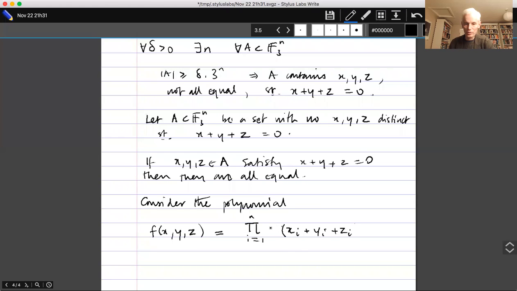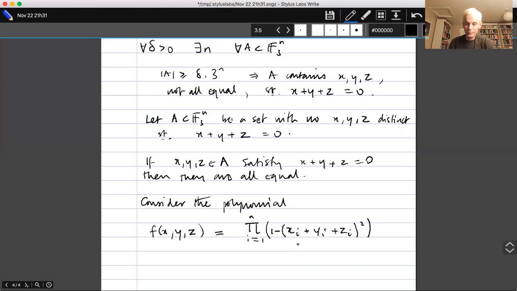I'm going to put it this way around. So let's look at a particular i. If x_i plus y_i plus z_i is 0, then this will be 0 and we just get 1. If x_i plus y_i plus z_i is not 0, then it's either 1 or 2, and 1 squared is 1 and 2 squared is 1, and then we'll get 0.